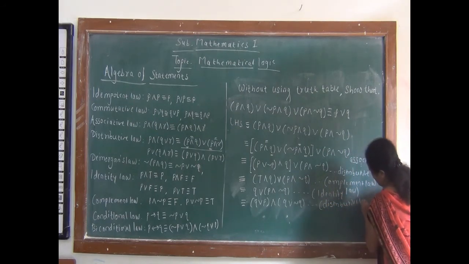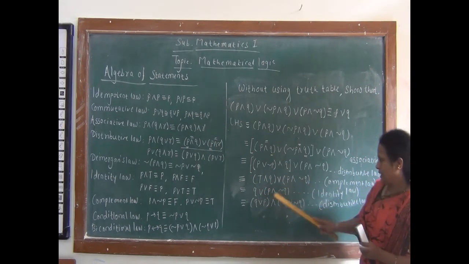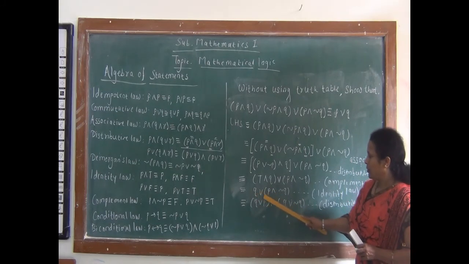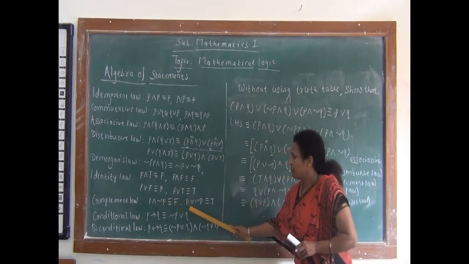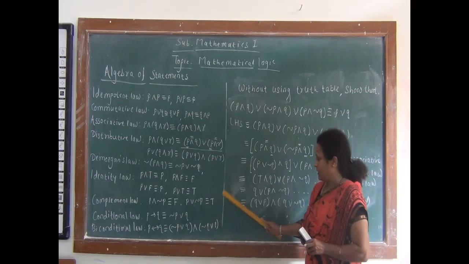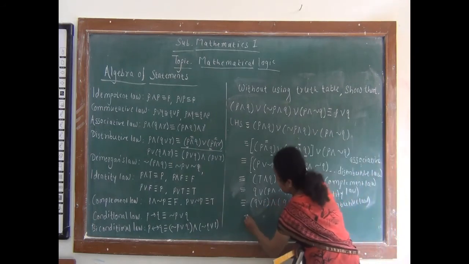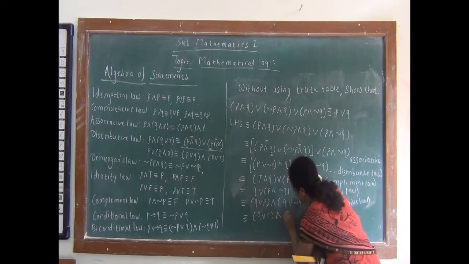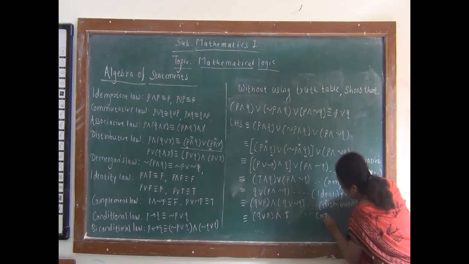We distribute this or over and, and so it is Q or P and Q or negation Q. Again for the second bracket use here complement law, that is P or negation P equivalent to T, and write this law for Q. So it is equivalent to Q or P and here we write T, that is by complement law.